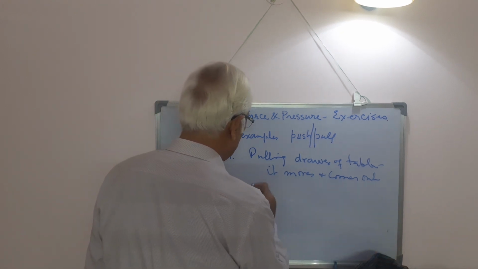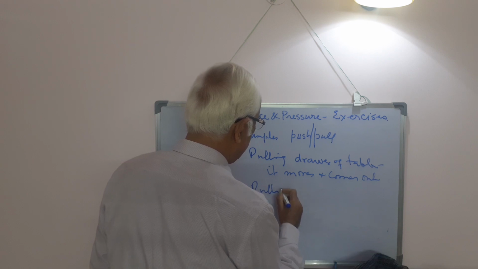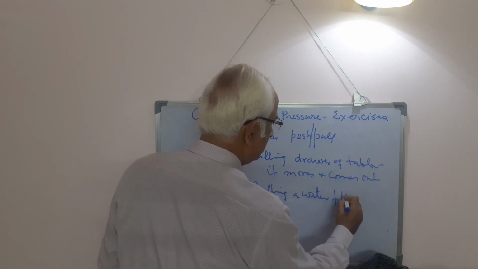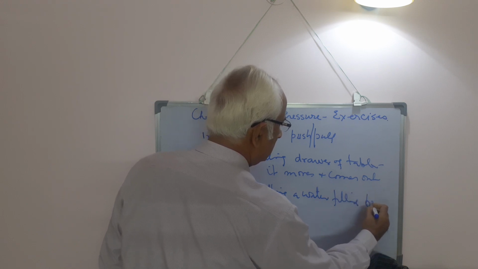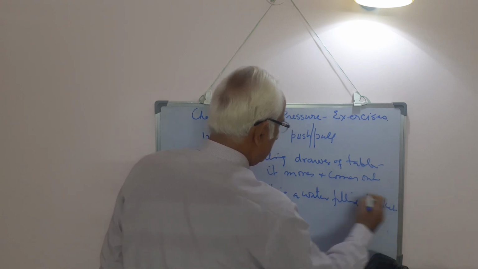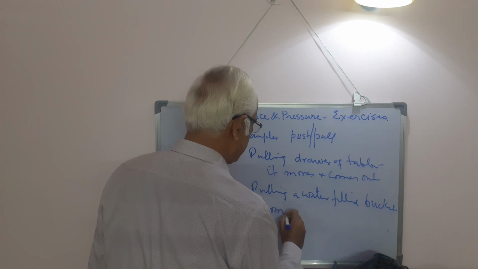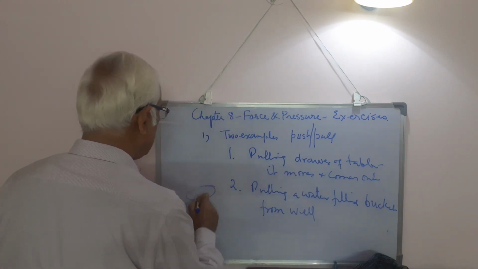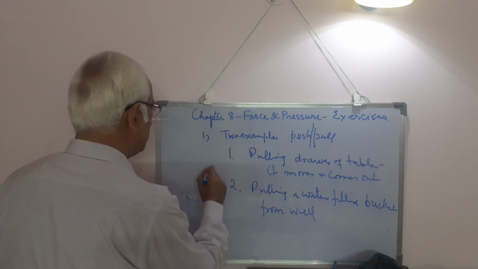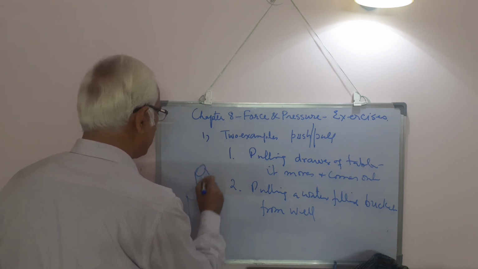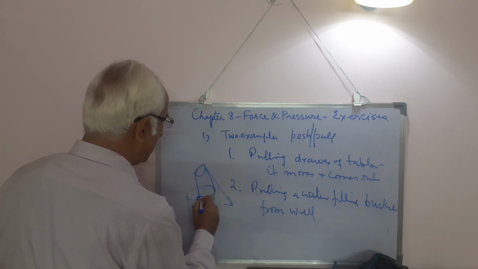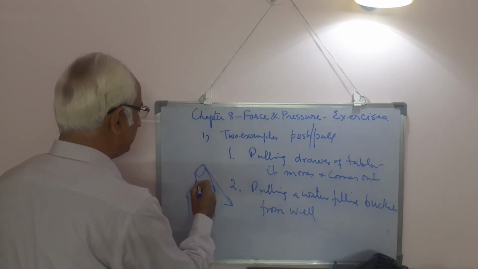Or pulling a water-filled bucket from a well. You know, this is a well and there is a pulley over there. There is a rope. We pull from here and the water-filled bucket will come out. The bucket will move up.